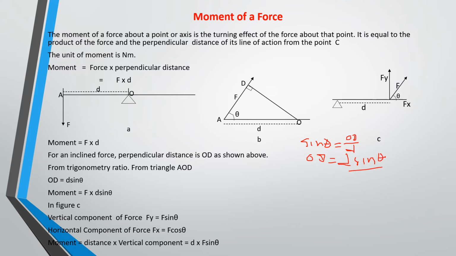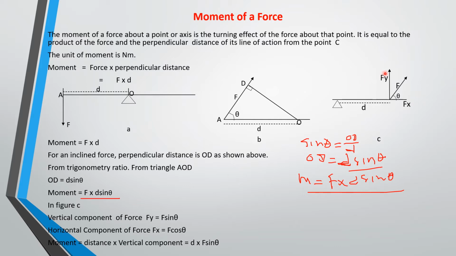Okay, so this is this particular distance. Which means that the moment will be equal to F times D sine theta. Okay, so you need to take note of this, and that is what we have here. All right, so that is that.